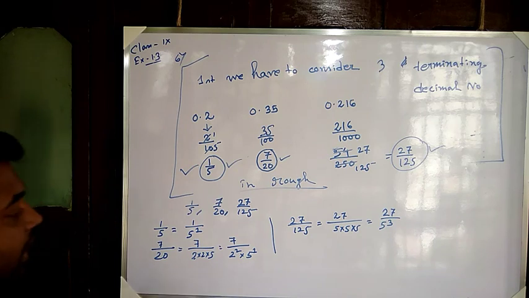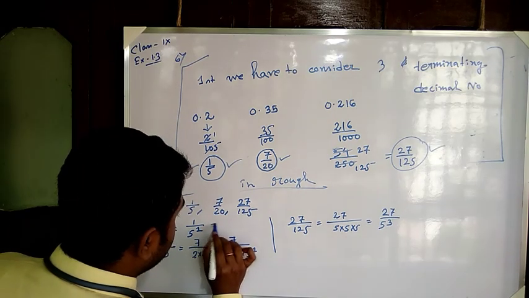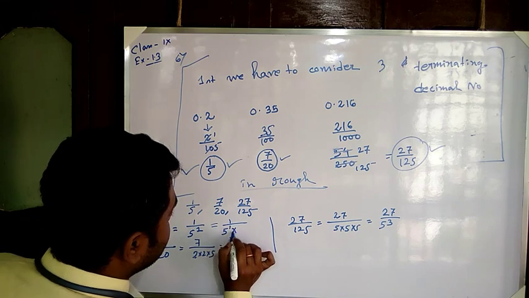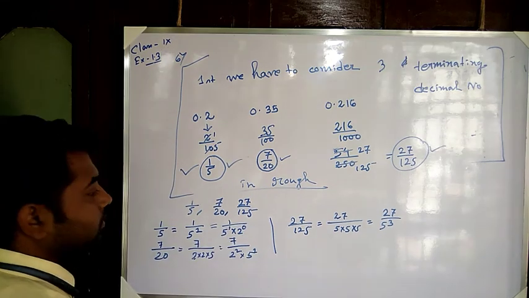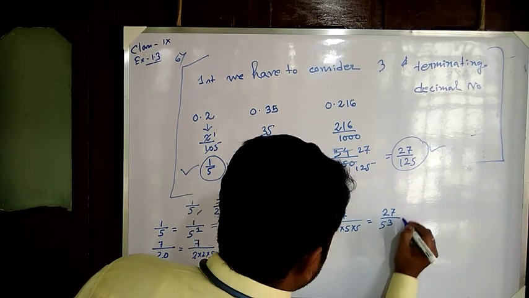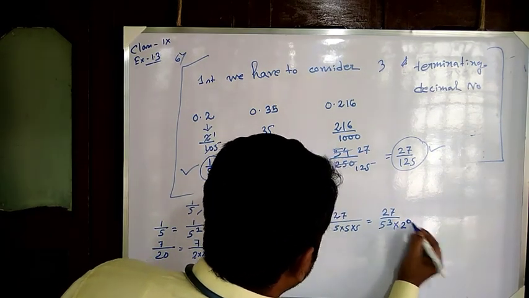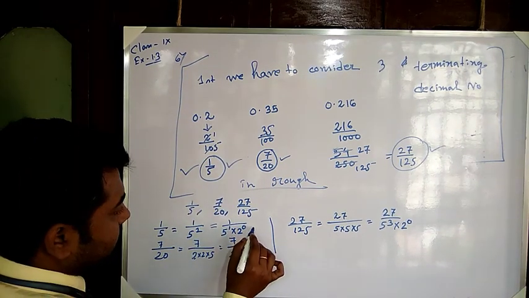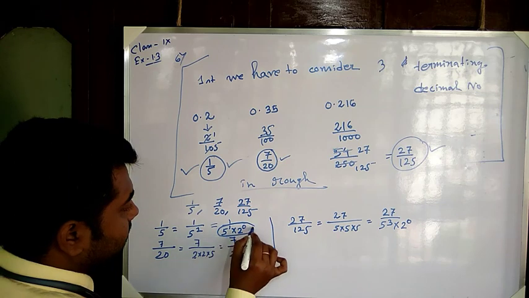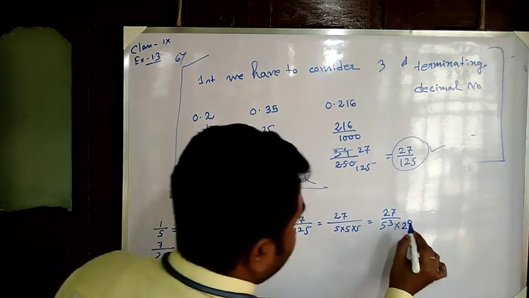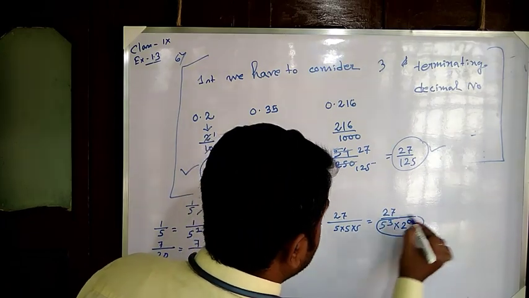Further, you can write 1 by 5 to the power 1 into 2 to the power 0, and in the same way 2 to the power 0 for the last one also. So basically you can see here 5 to the power 1 and 2 to the power 0, 2 square and 5 to the power 1, 5 cube and 2 to the power 0.